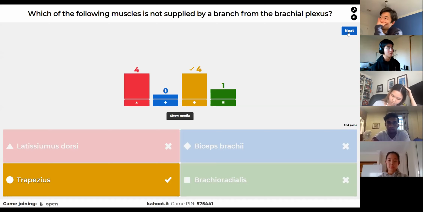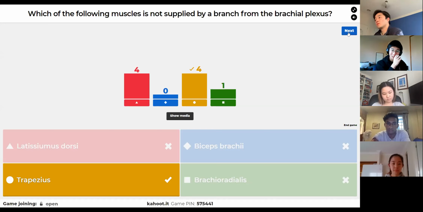Whereas your lat dorsi is supplied by... let me Google it. Lat dorsi is supplied by the long subscapular nerve. So it's still from the brachial plexus, whereas the spinal accessory isn't.